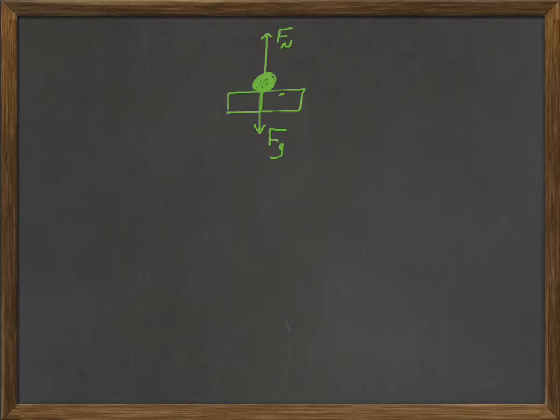Now inside the scale, you have these springs, and as the springs are compressed, the scale gets a reading out of that. And so if this is at rest, it follows that the normal force is equal to the force of gravity, which we called mass times gravity. And so the normal force is just the reading on the scale.